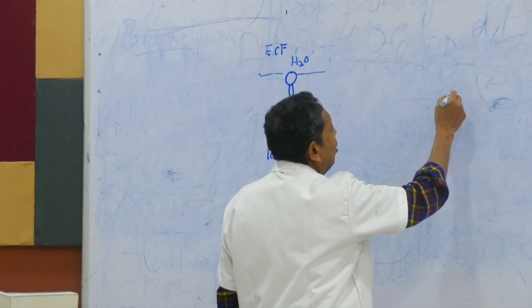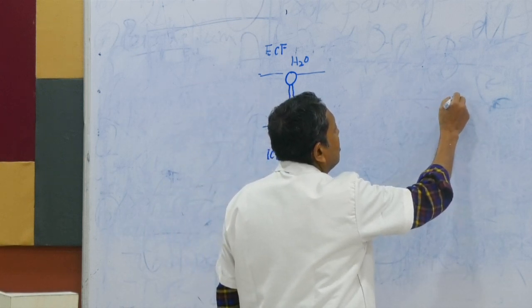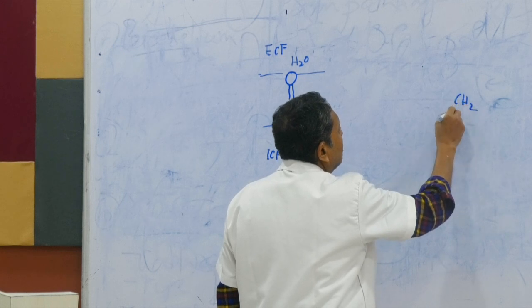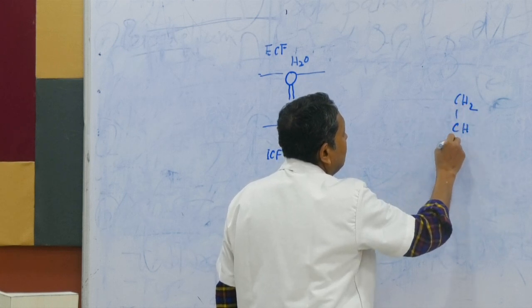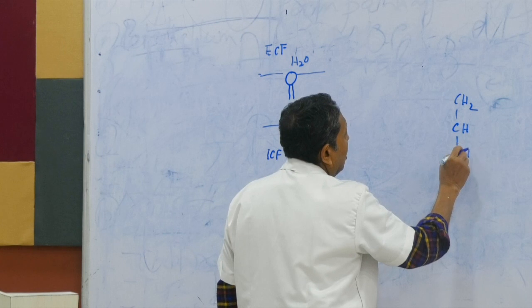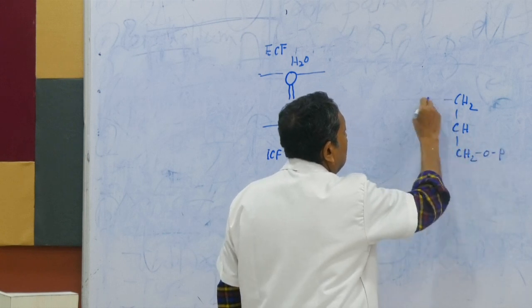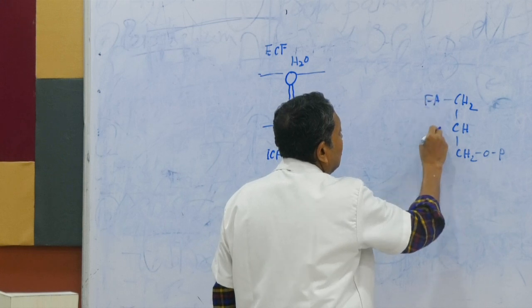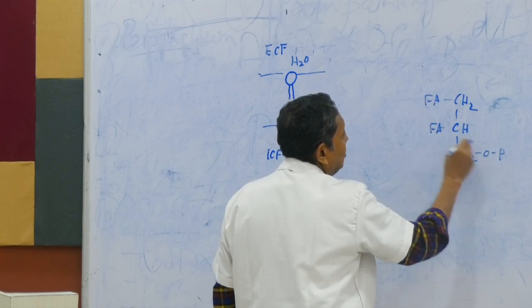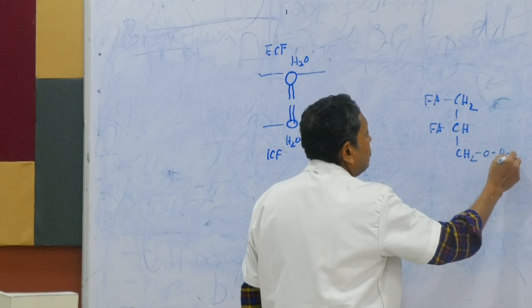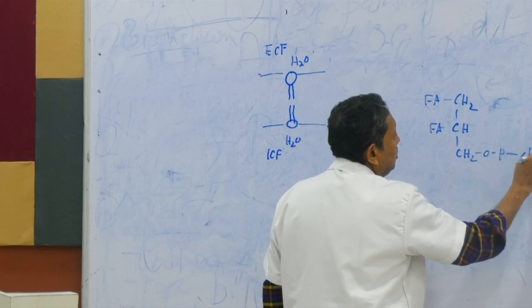Suppose it is the glycerol backbone, then CH2, CH, and this fatty acid. This is choline.